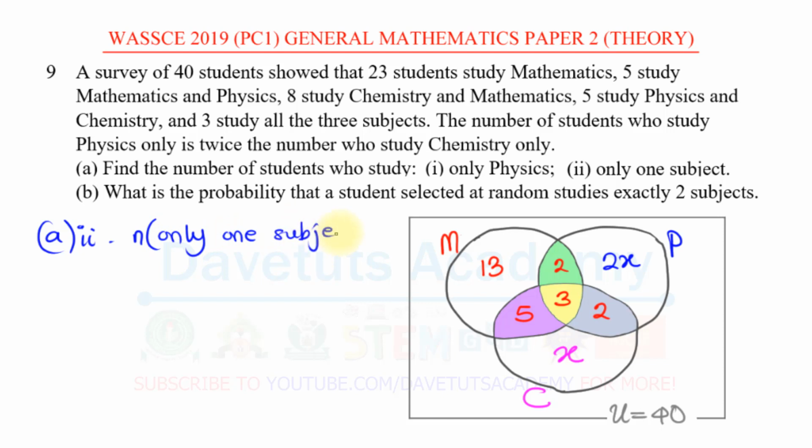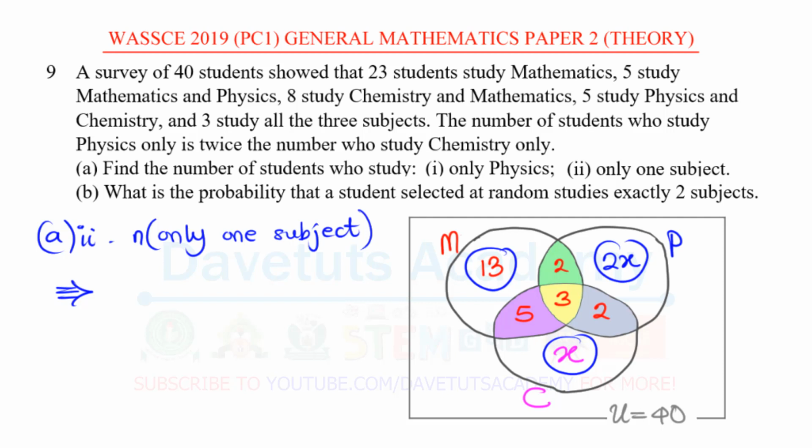Just remember, we just got our x to be 5. Then where is the number of students that study only one subject? That will be only mathematics plus only physics plus only chemistry. That is the beautiful thing that we can do here.